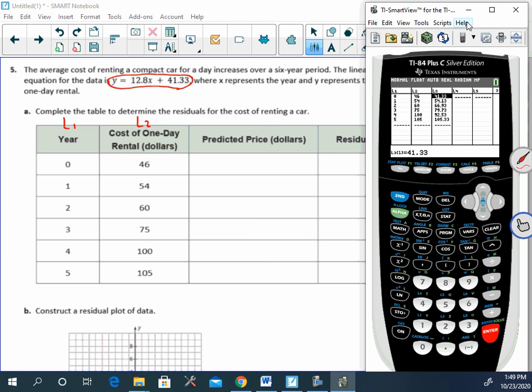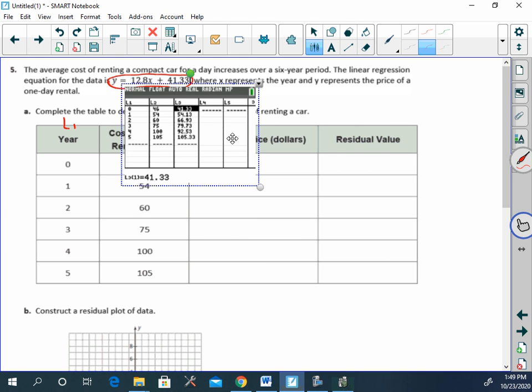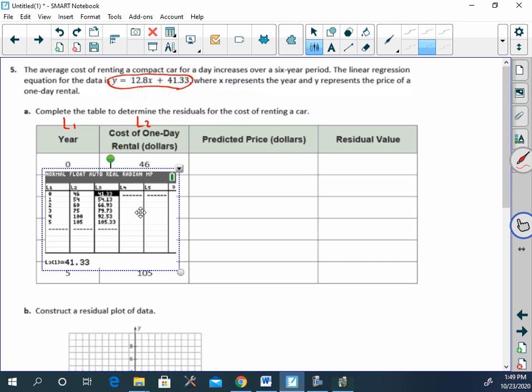And then the residuals. So let me just drag this. Let's get them written down before we get too far ahead of ourselves. Okay, so the first one there was 41.33. And our 54.13 and so on.